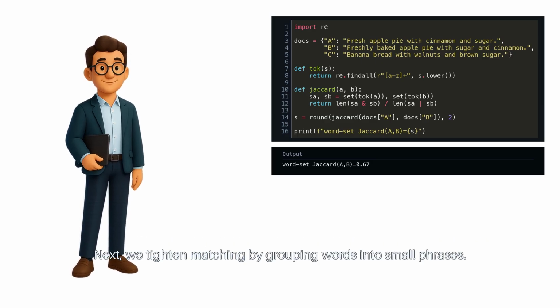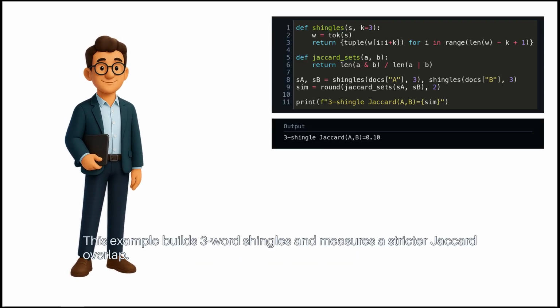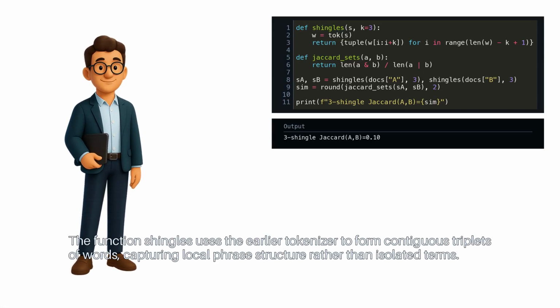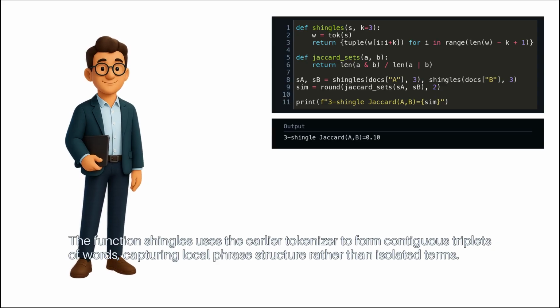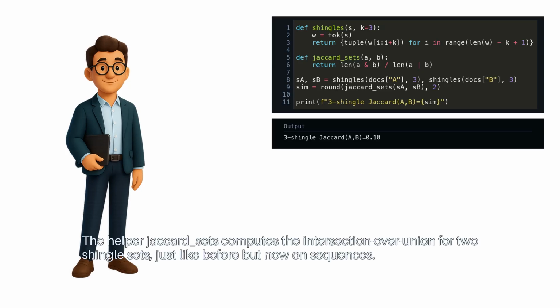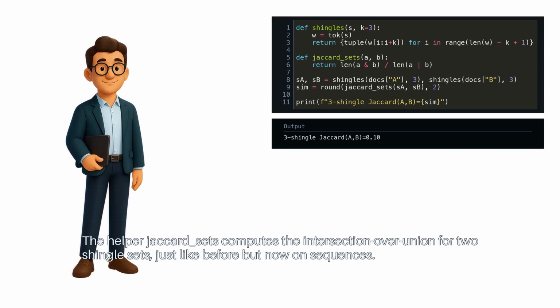Next, we tighten matching by grouping words into small phrases. This example builds 3-word shingles and measures a stricter Jaccard overlap. The function shingles uses the earlier tokenizer to form contiguous triplets of words, capturing local phrase structure rather than isolated terms. The helper jaccard_sets computes the intersection over union for 2 shingle sets, just like before, but now on sequences.